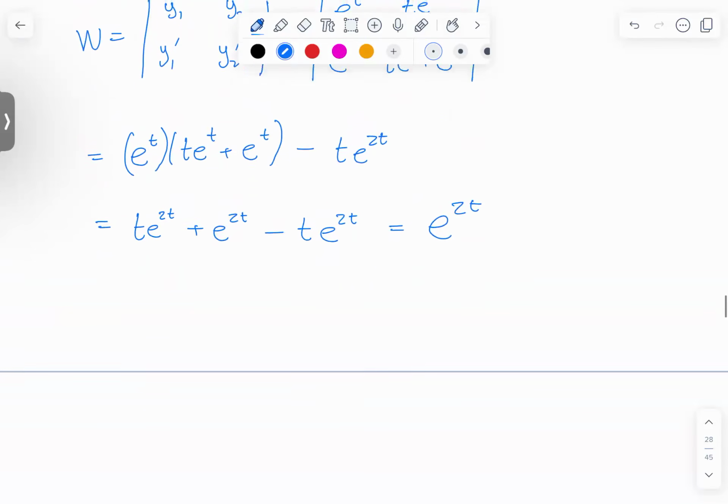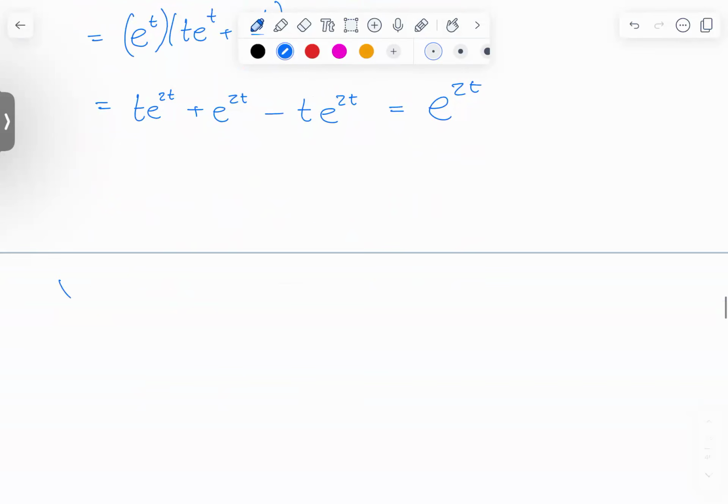Let's plug it into the variation of parameters formula for the particular function. I'm just going to keep writing the particular. Just keep practicing, keep trying to commit this to long-term memory.